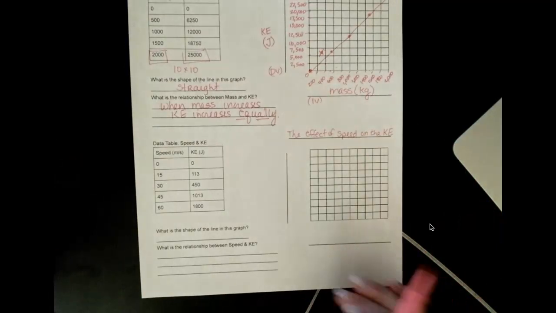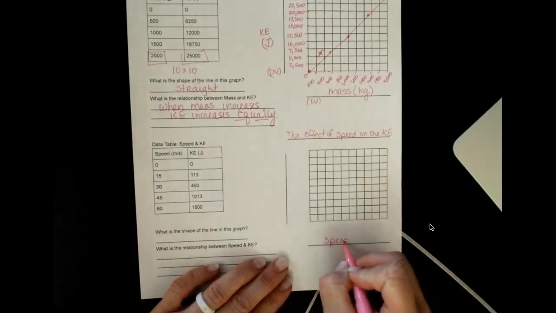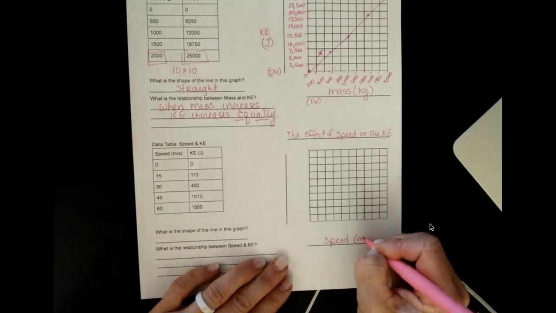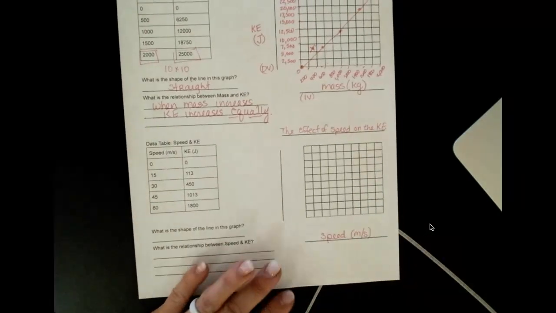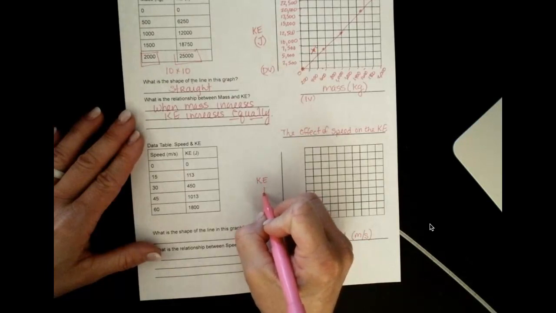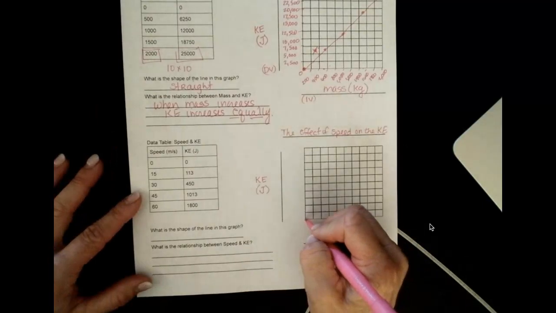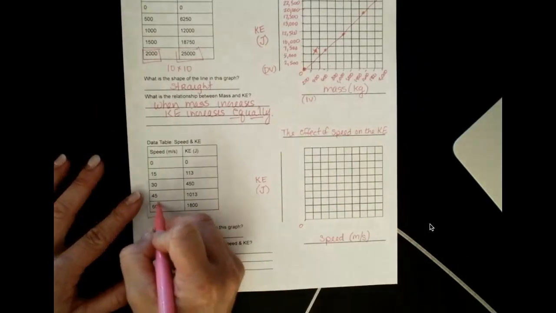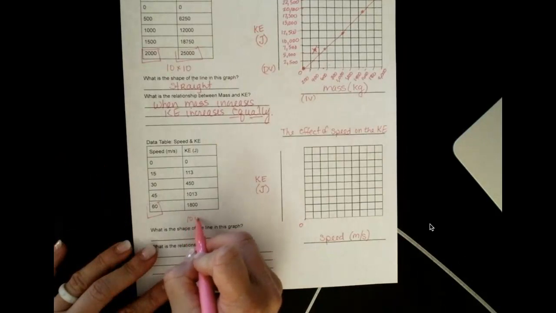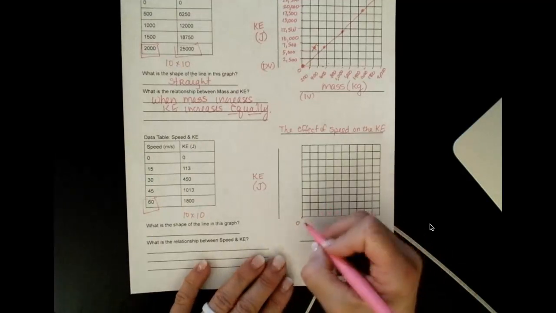Okay, now we'll label. Over here on the x-axis is going to be our independent variable, which is speed. Our unit for speed is meters per second. On the y-axis will be our dependent variable, kinetic energy, measured in joules, which is an uppercase J. We will label the lines. 60, again, it's a 10 by 10, so when you do that division, it will be by 6.